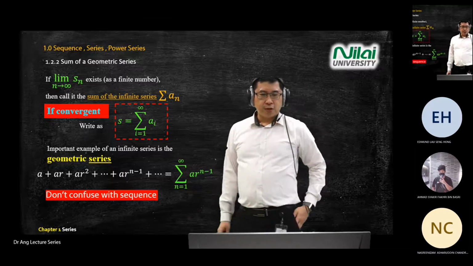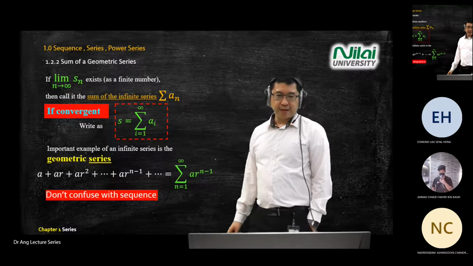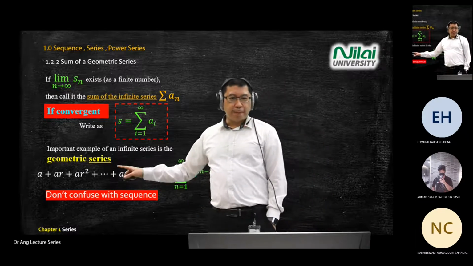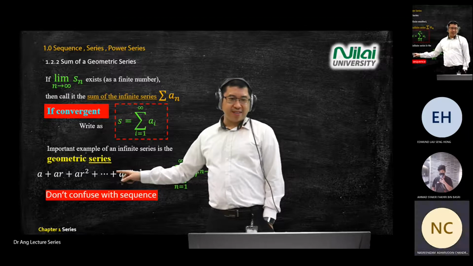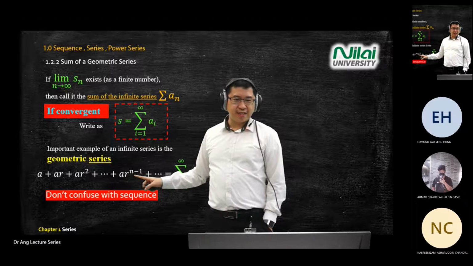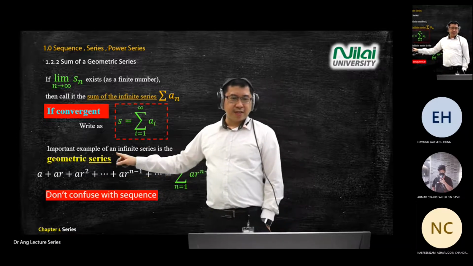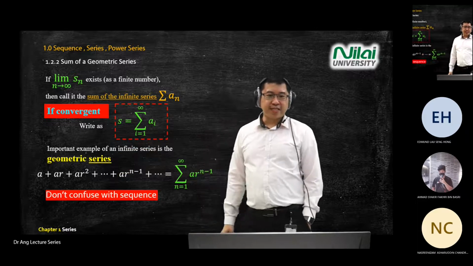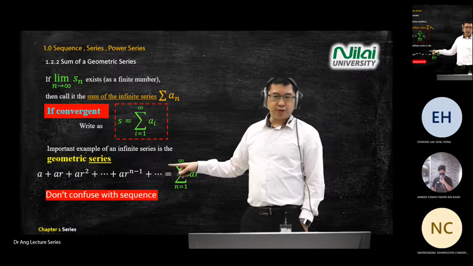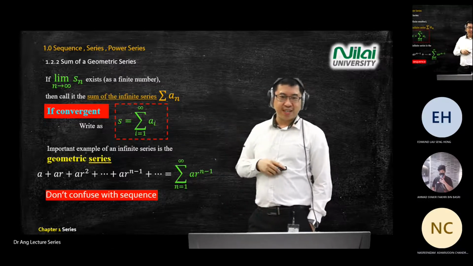Do you see the difference from what we learned before this? What is the difference between the power n, or the power above the numbers? Previously, we always started with 1, right? But if you look at geometric series, what is the first power? It starts with 0.